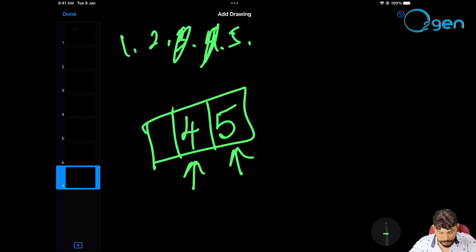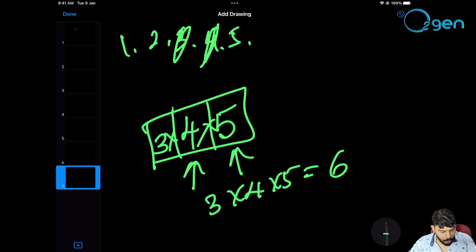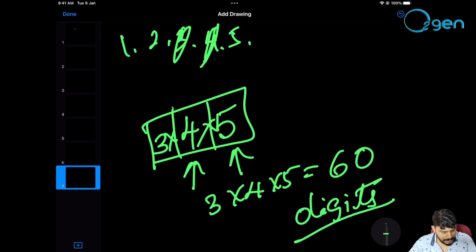If I fill in 3 there, then only 3 numbers remain for the hundreds place. That means 3 into 4 into 5, so 60 numbers can be made without repetition.